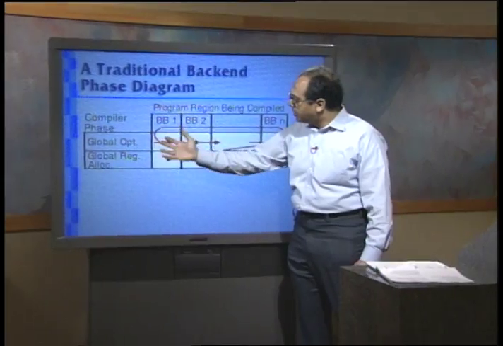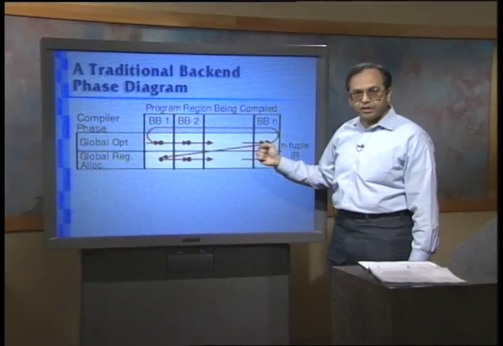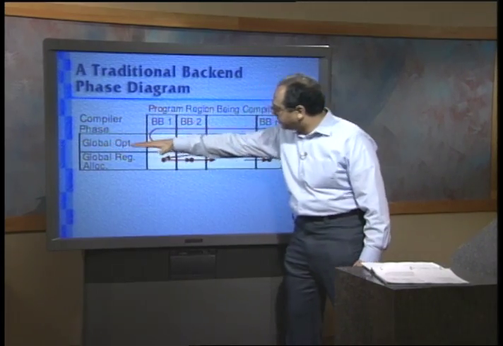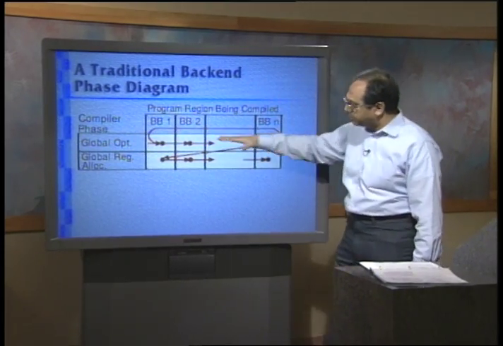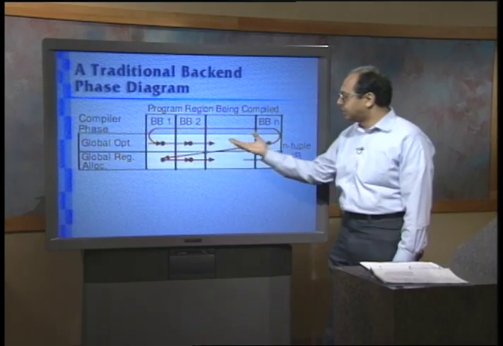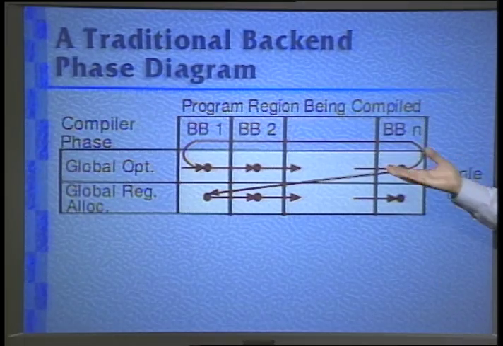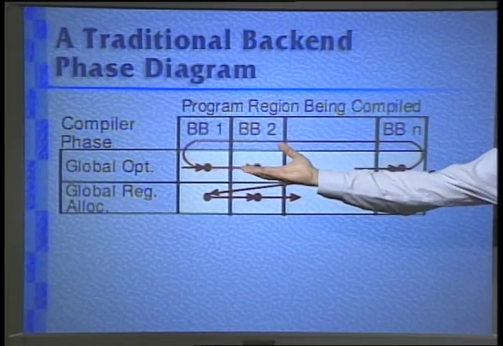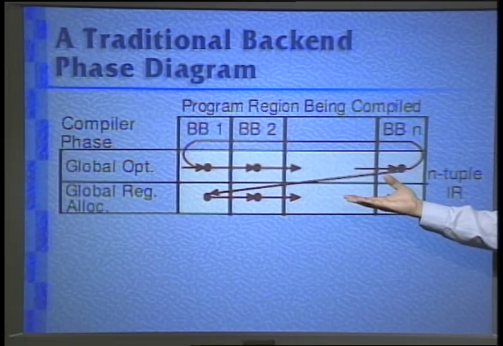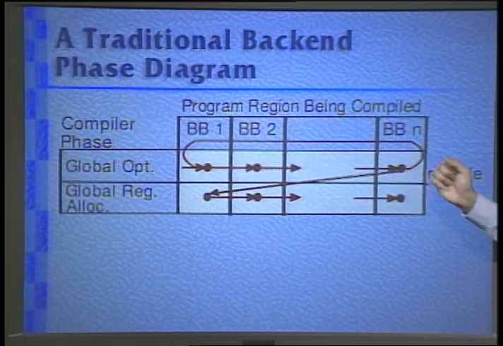Now, this might be the traditional backend of a compiler, where each compiler action is performed on the entire program unit before you move on to performing the next action. And this has been called a phase-ordered compiler, because you have a phase of doing global optimization followed by a phase of doing register allocation across the whole program.